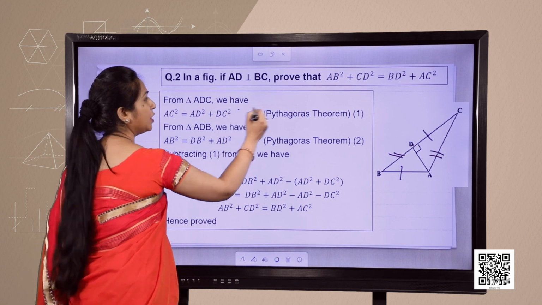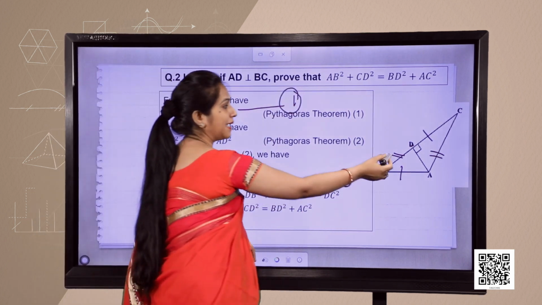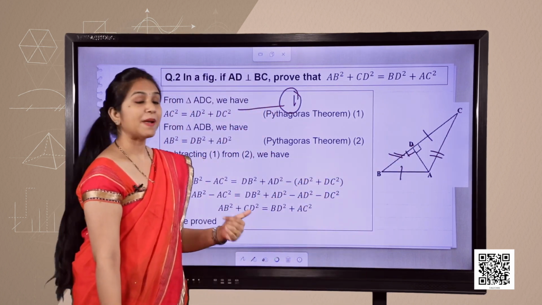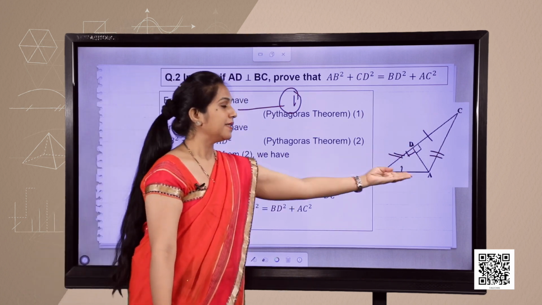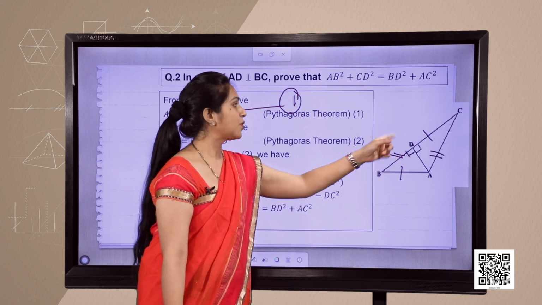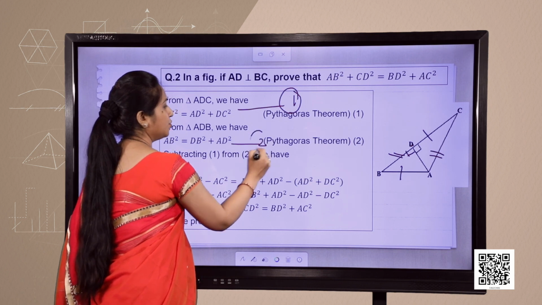That will give you your equation number 1. Similarly, if this angle is 90 degree, obviously this side also will be a 90 degree angle. So now use Pythagoras property in triangle ADB. This is your longest side, that is AB square is equal to BD square plus AD square. That is your equation number 2, right.